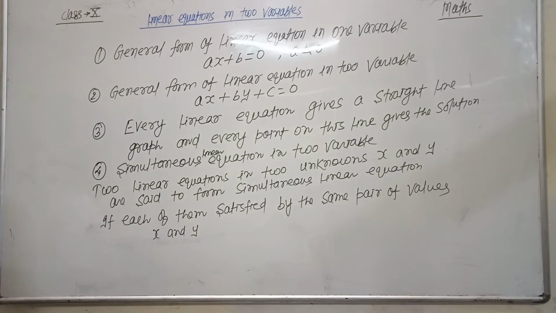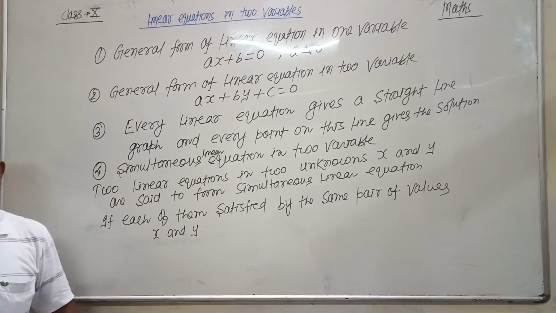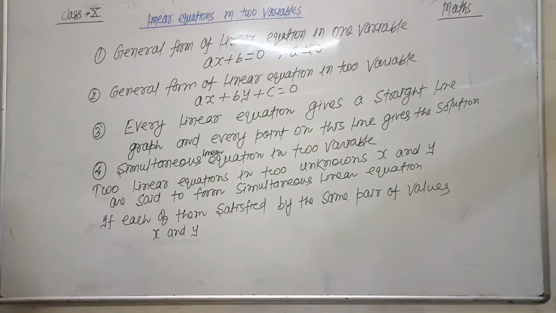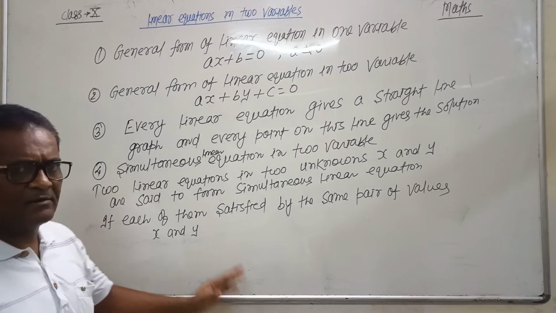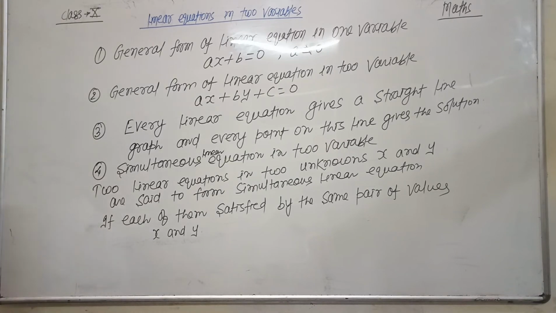After solving the two equations, we get a pair of values of x and y, and the values of x and y satisfy both the equations. If the values of x and y satisfy both the linear equations, then they are said to be simultaneous linear equations in two variables.